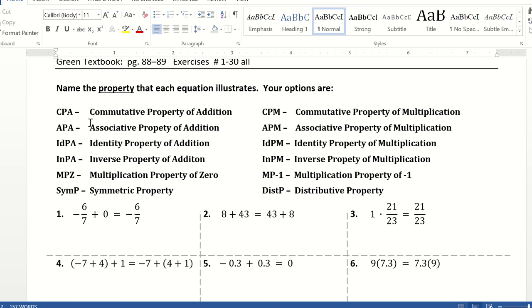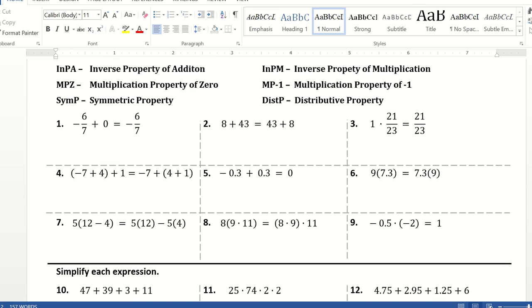You can just give me the code instead of writing it out. Like if you thought it was the commutative property of multiplication, which it's not. Number 1 here is not the commutative property of multiplication. But if you thought it was, you don't have to write all this out. You can just write CPM. Okay, so use these codes up here to your advantage.